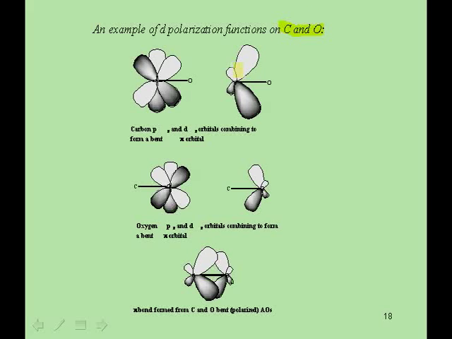If we're thinking about the pi bond in, say, a carbonyl group, we have on the left here a carbon p orbital sticking up and down. On the right, we would have, of course, an oxygen p orbital that I haven't drawn sticking up and down. If I take the carbon atom and I add a d orbital that's of the same size as the p orbital, here's a d orbital, it's a d pi, and it's sitting right on top of the carbon p pi.